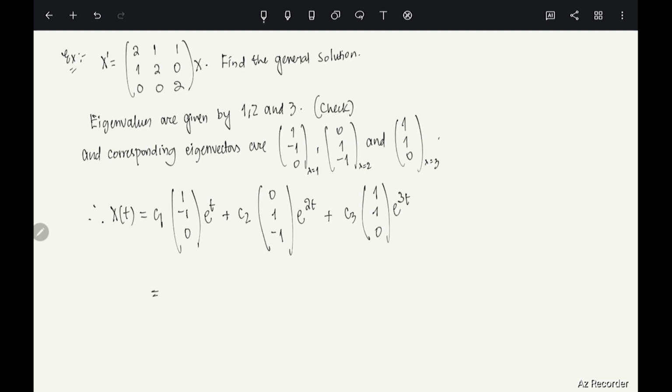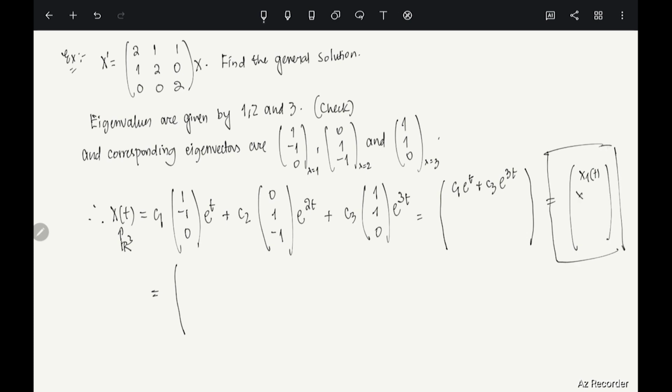Now, the last line you should write like this. Write it properly. x of t is in R3, so x of t is nothing but x1 of t, x2 of t, x3 of t. You don't have to write this part, it is just for your information. So x1 of t is c1 times e to the power t plus c3 times e to the power 3t. x2 of t is minus c1 times e to the power t plus c2 times e to the power 2t plus c3 times e to the power 3t.